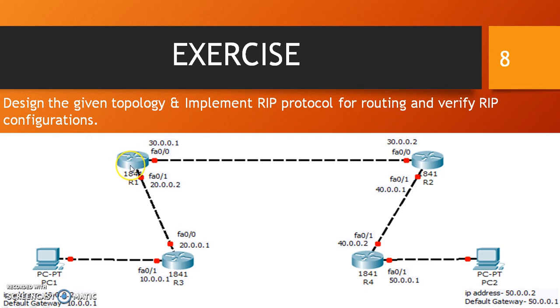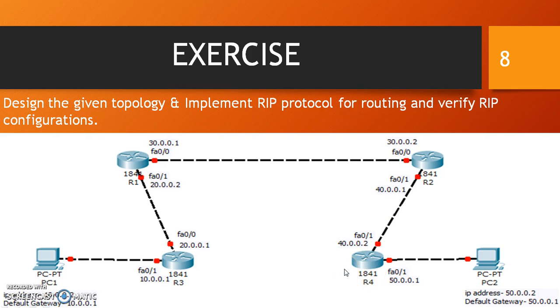Router R1 directly connects network 30 and network 20. Router R2 directly connects network 30 and network 40. Router R3 directly connects network 20 and network 10, whereas router R4 directly connects network 40 and network 50.